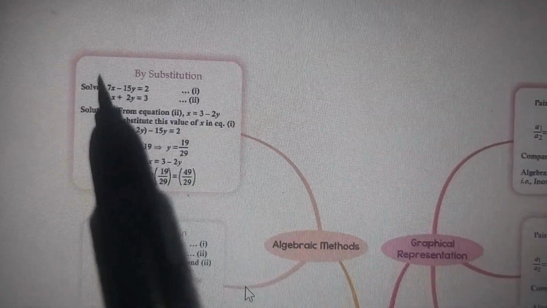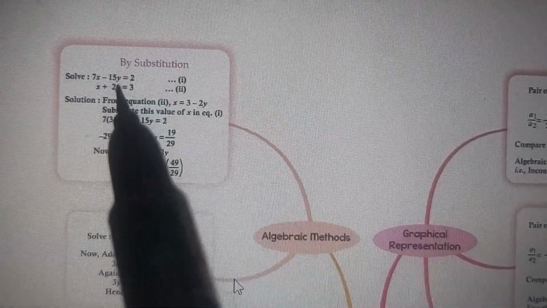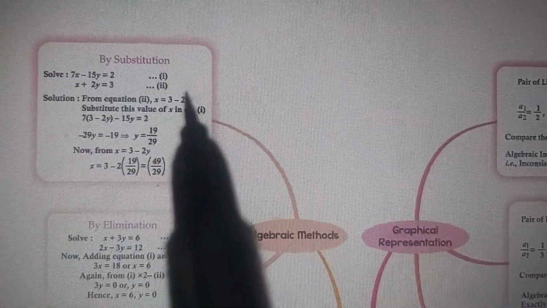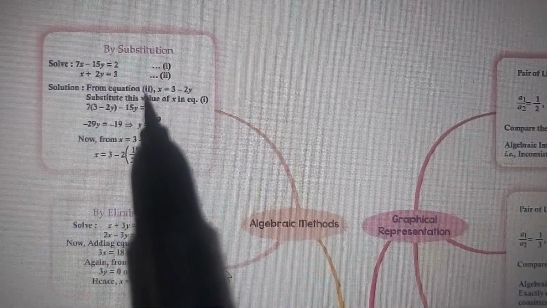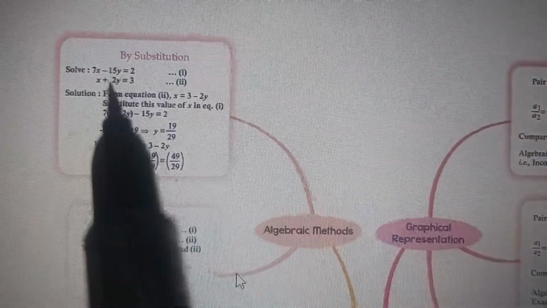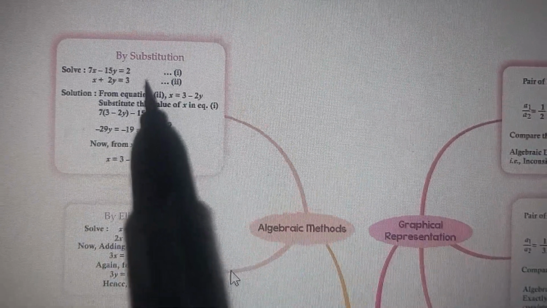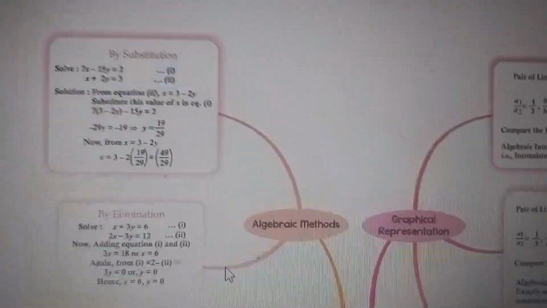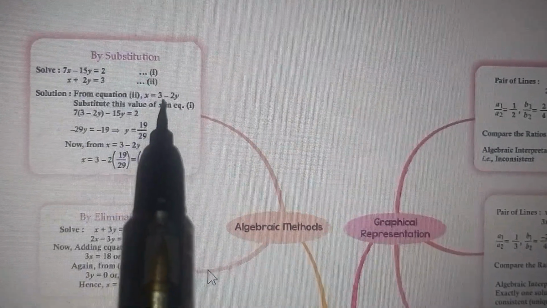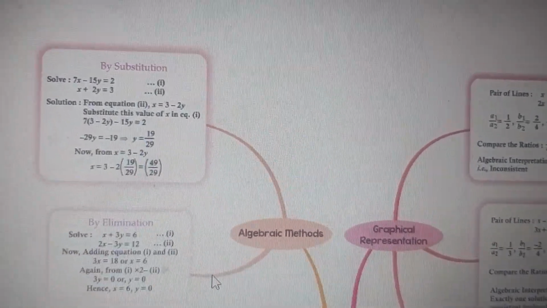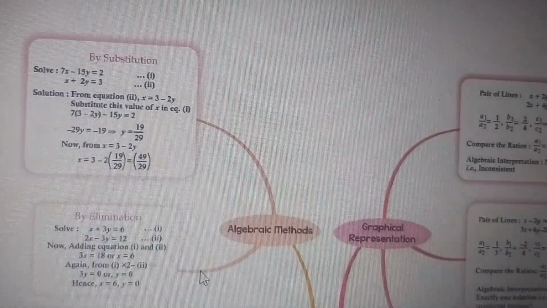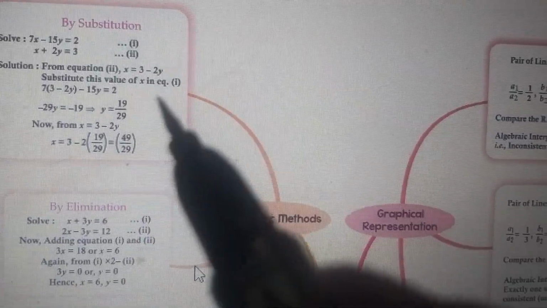Very easy. For example, here 7x minus 15y equal to 2 and x plus 2y equal to 3, 2 equations are given. We have to take the second equation. From this we can easily get the x value. X equal to 3 minus 2y. Then substitute the x value in one equation. We get the value of y. Now the y value is obtained.